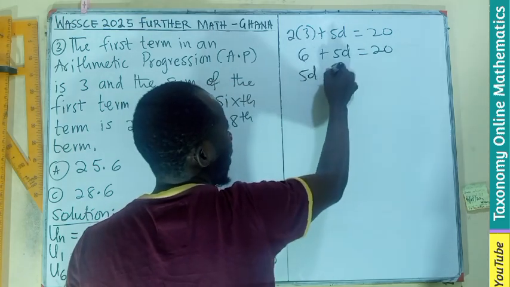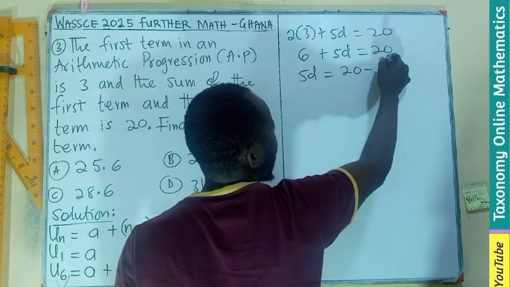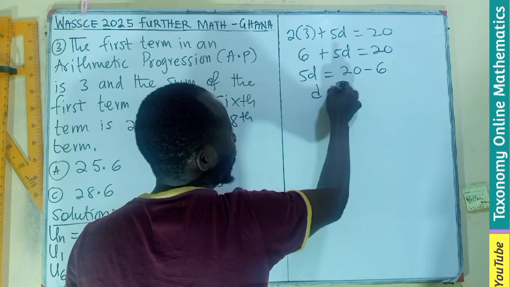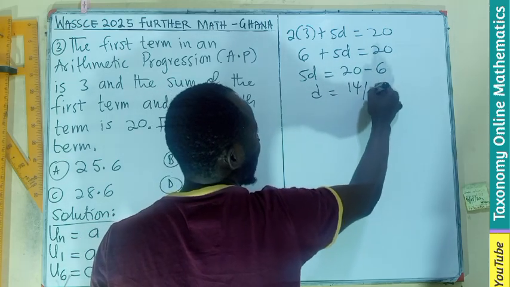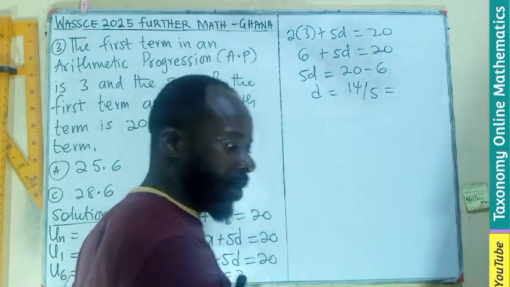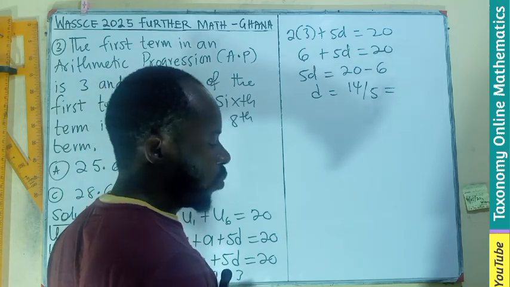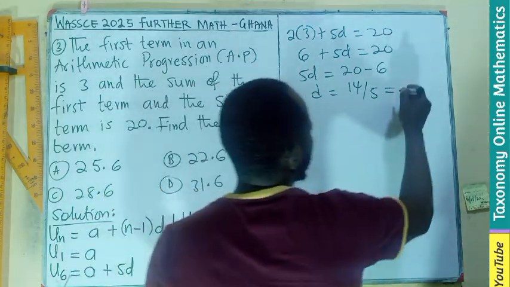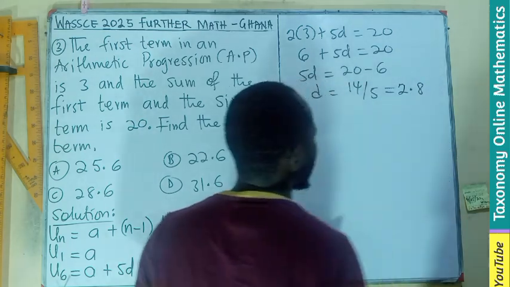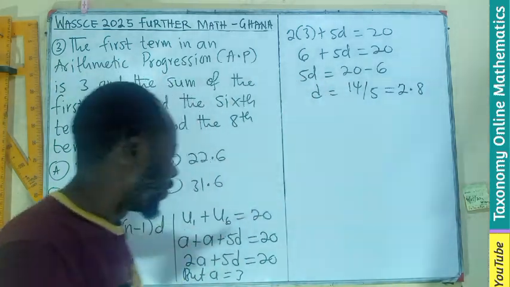So 5d will now equal 20 minus what? 6. And d will become 14 divided by 5. Let's put that on our calculator and see, that will be somewhere, I think 2.8, right? That will be 2.8.